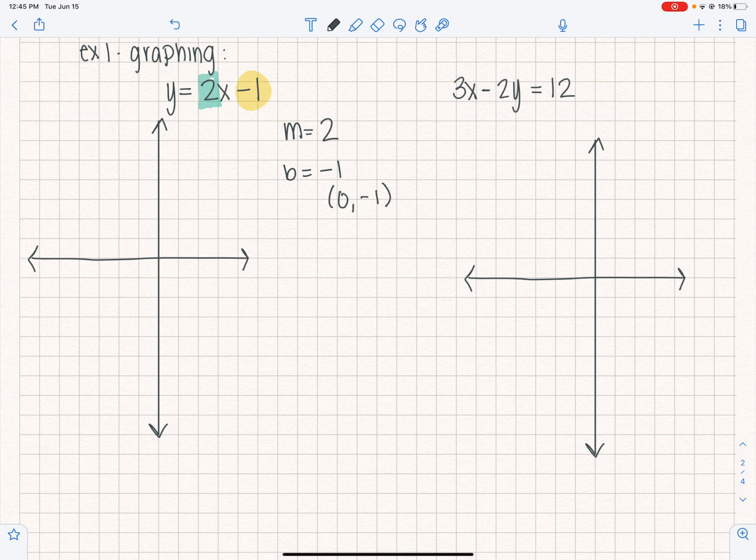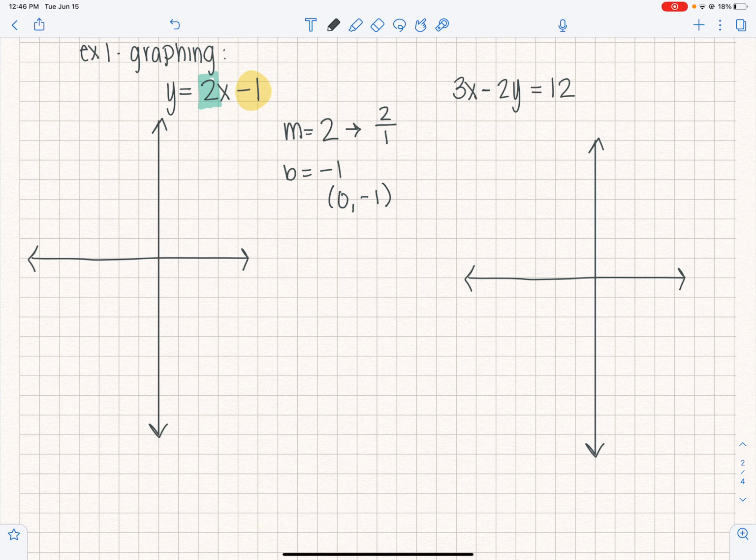So if I want to graph that, I'm going to plot m. Well, right now, m is not a fraction, but I can write that as 2 over 1. And then b, negative 1. So I'm going to plot b. b at negative 1 is going to be the point (0, -1), or negative 1 on the y-axis.